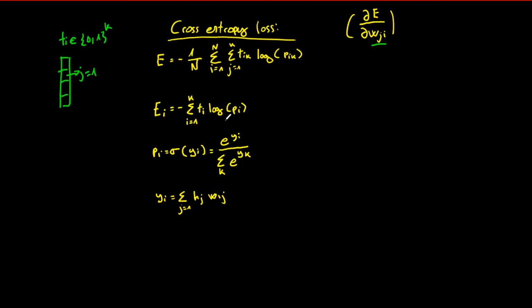So p sub I, which is the prediction of our network, is the same as the output of our layer activated by the activation function. In this case, the activation function is the softmax activation function, which is e to the y sub I divided by the summation over classes of e to the y sub k.